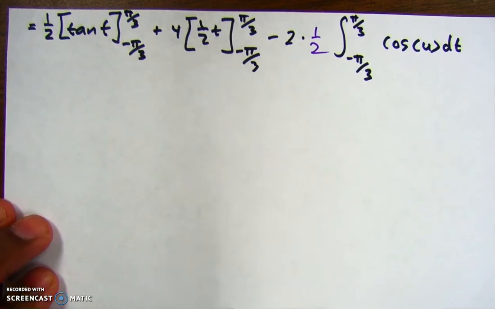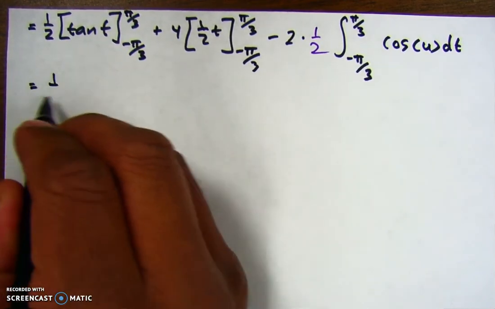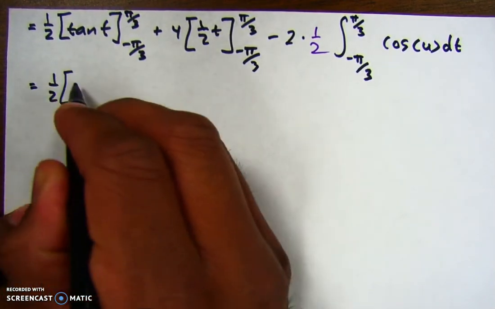So integrating cosine u is a lot easier than the mess that we had before that.